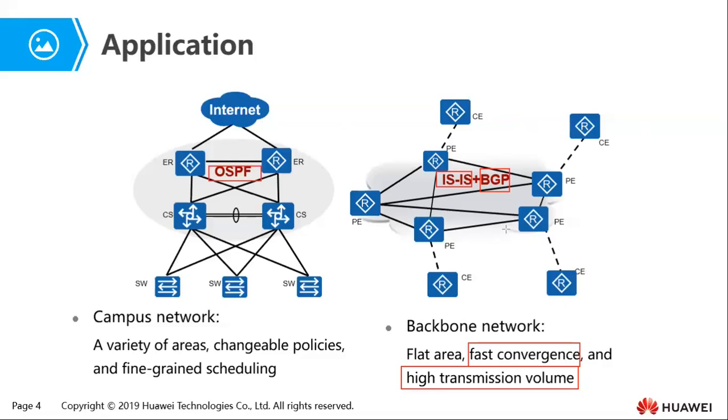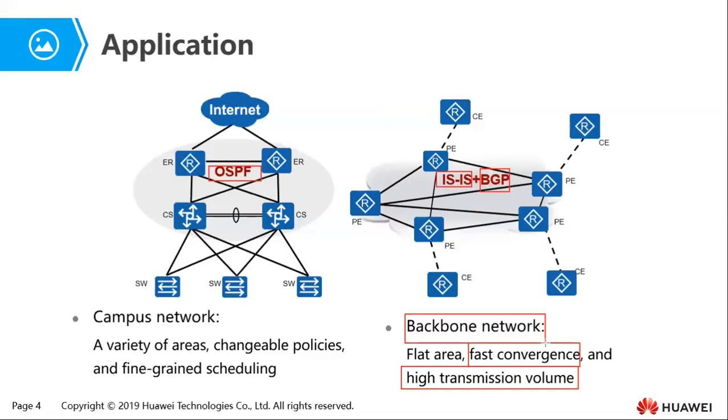So IS-IS has many advantages in the ISP networks, what we also call the backbone networks, including fast convergence. It also supports what we call PRC, or partial route calculation. It also involves what we call a simple packet structure known as TLV, type length value.